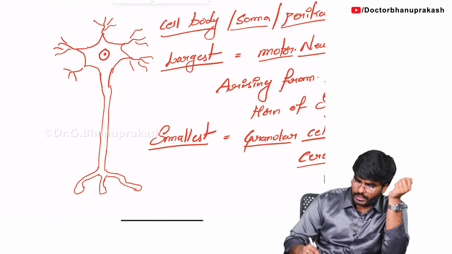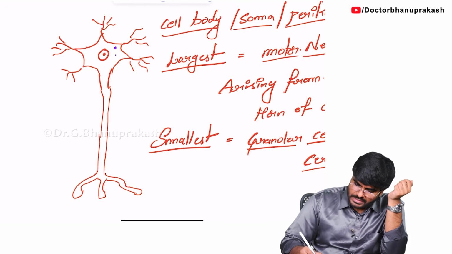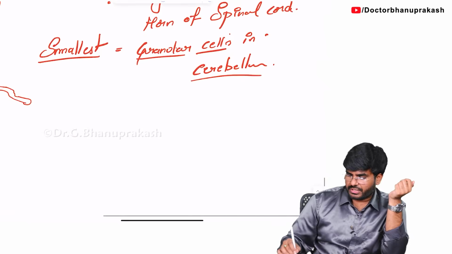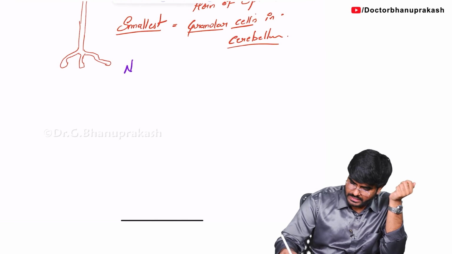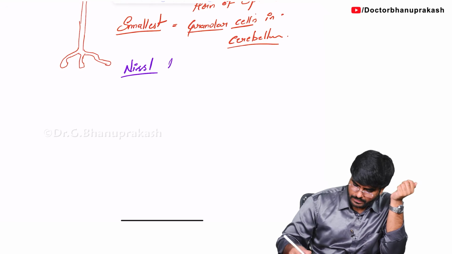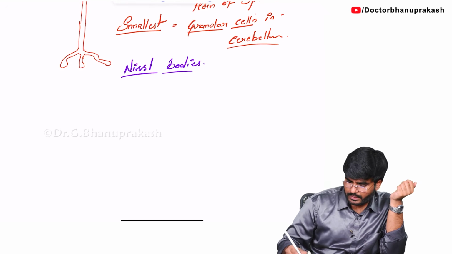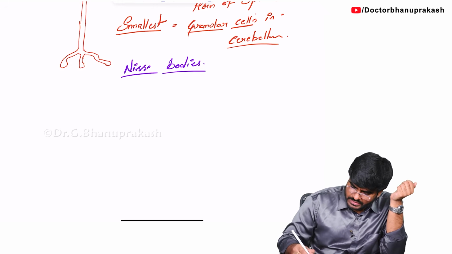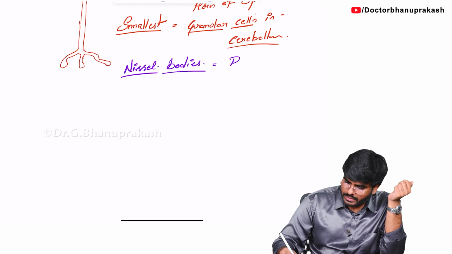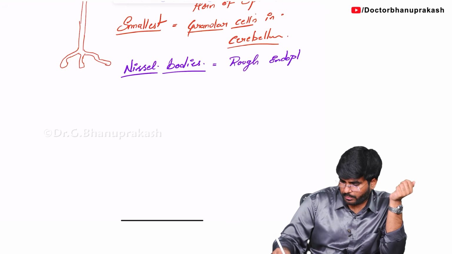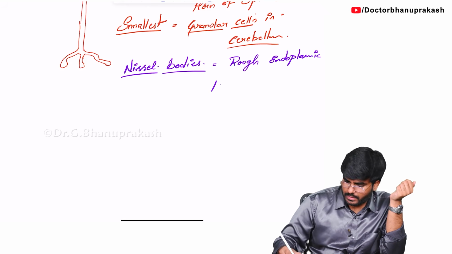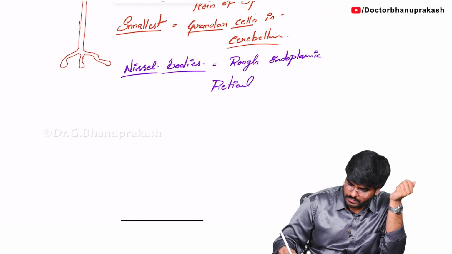Now, within the cell body, we have something called the Nissl bodies. You will have a question: what exactly are these Nissl bodies, sir? Nissl bodies are nothing but rough endoplasmic reticulum with ribosomes.